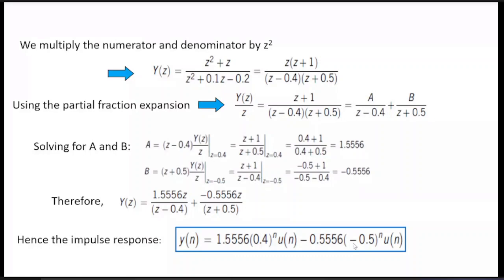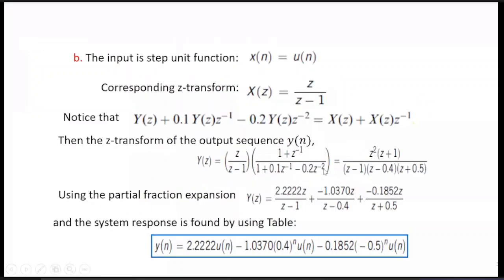Then another method is how to find the response due to a unit step function.